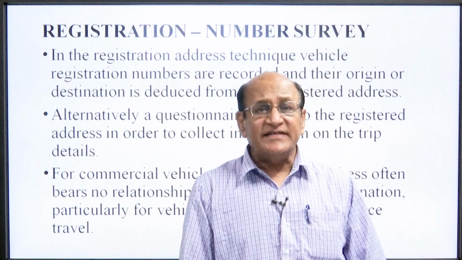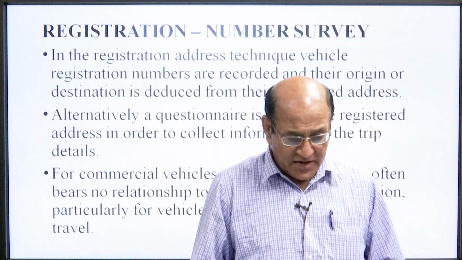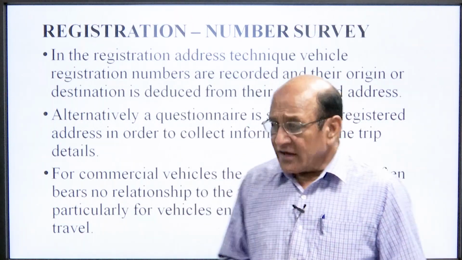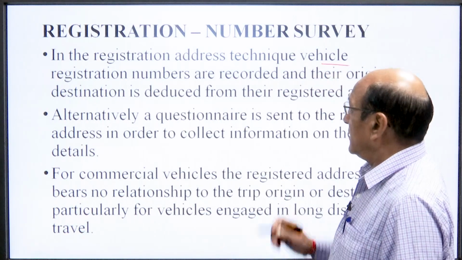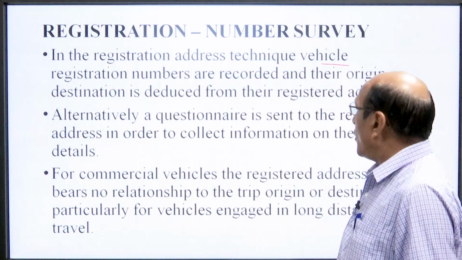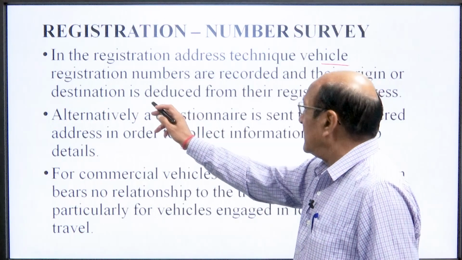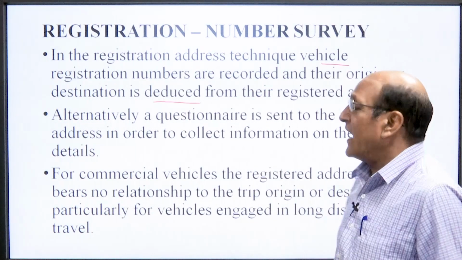Now we come to the registration number survey. In the registration address technique, the vehicle registration numbers are recorded and their origin and destination is deduced from their registered address.